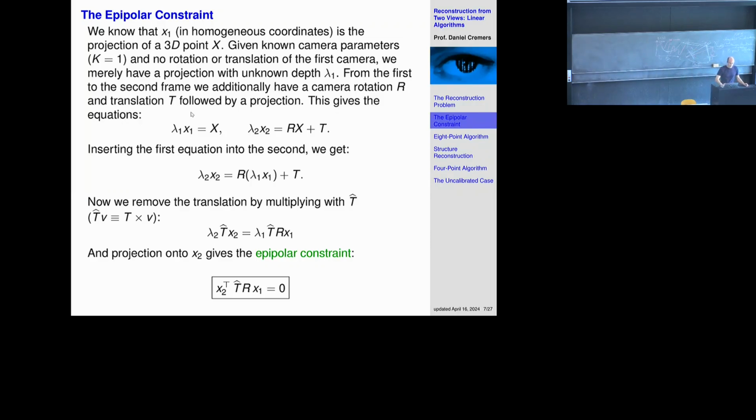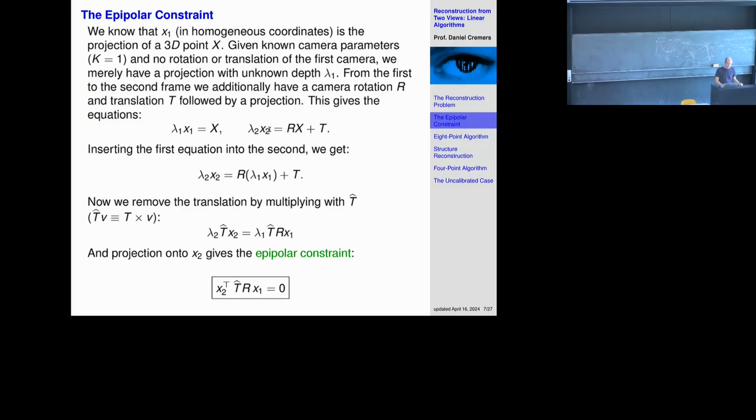Then if we go into homogeneous coordinates, remember that's where the third component is 1, then if we rescale little x1 with lambda 1, where do we end up? We'd end up with large X, the 3D coordinate. So this basically captures the projection of the 3D point into the image. We said earlier x1 is large X divided by lambda, the distance from the camera, or if you put lambda on the left side, you get this equation.